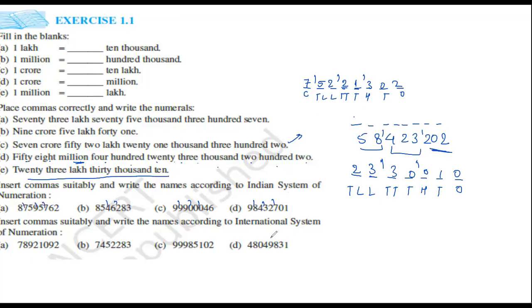In the international number system, the comma will come after every 3 digits. Okay. The comma will come after every 3 digits in this.